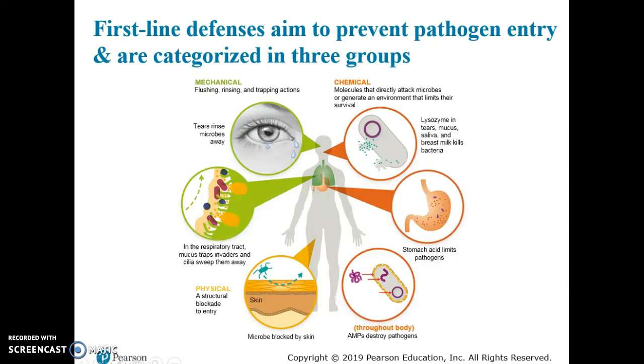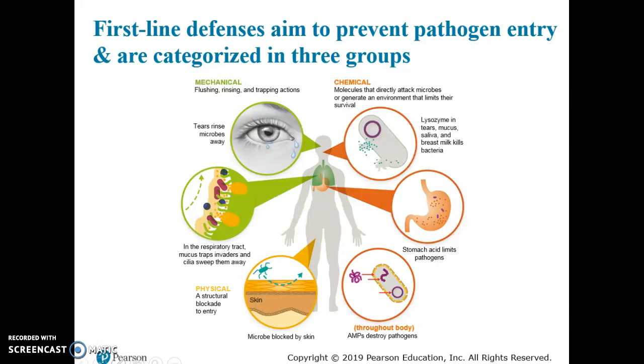We probably don't even recognize how many tears our eyes actually shed each day, but it's a lot, and it's to keep the mucous membrane of our eye, to keep the organisms moving past, not getting actual contact to the eye, because it's actually a pretty good portal of entry for pathogens. Also, the respiratory tract with the cilia, what's called the ciliary escalator of the respiratory tract, along with the mucus.